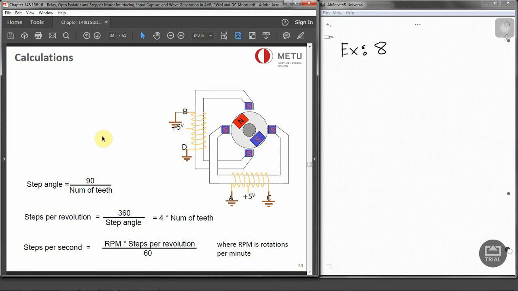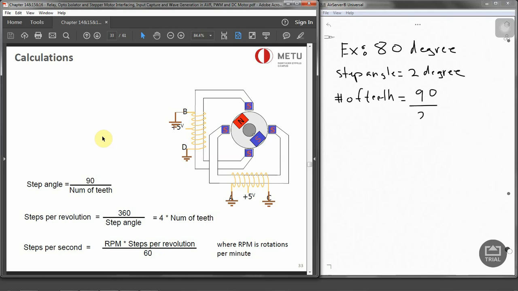So we need to find this for 80 degrees if the motor has a 2 degree step angle. So step angle is given as 2 degrees. To find the number of teeth, this is going to be 90 over 2 degrees, as we just rearrange the equation, which will give us 45 teeth.